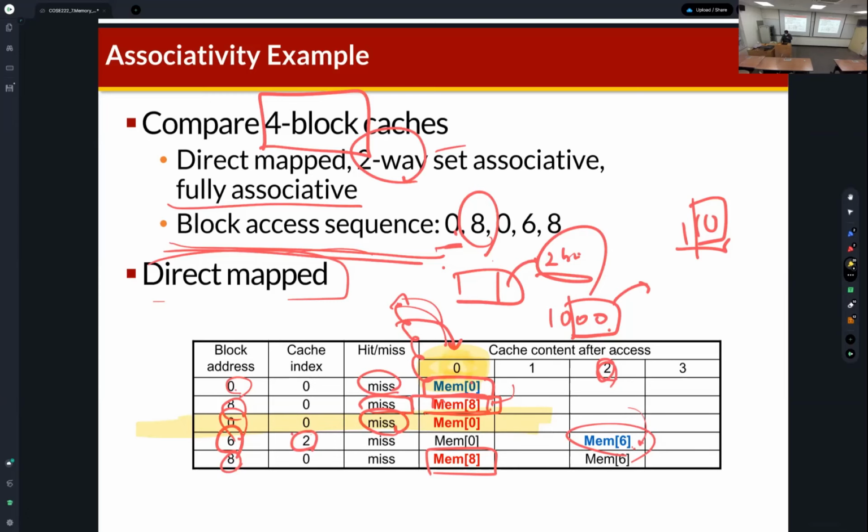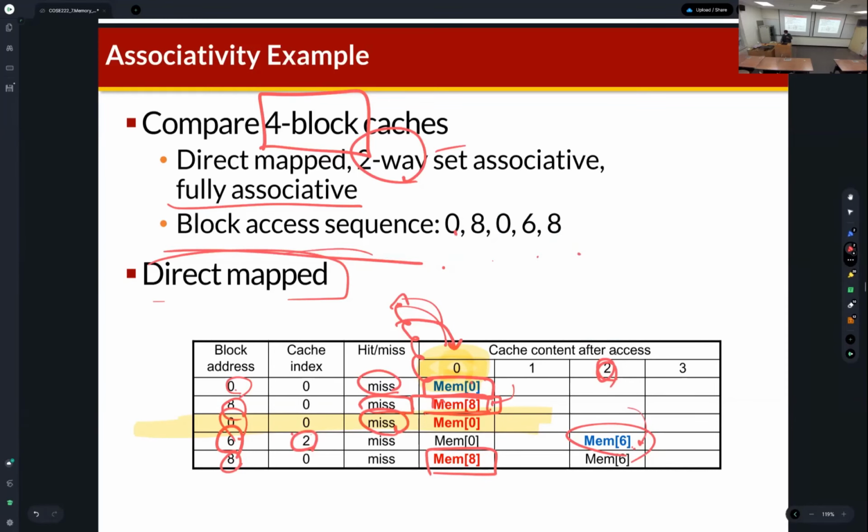Okay, so what does that mean? In this example, we can find temporal locality. Temporal locality means that 0 is requested and 0 is requested again. So temporal locality is observed. Another temporal locality is the 8 and 8. 8 is requested, and then in the future, 8 is re-accessed.